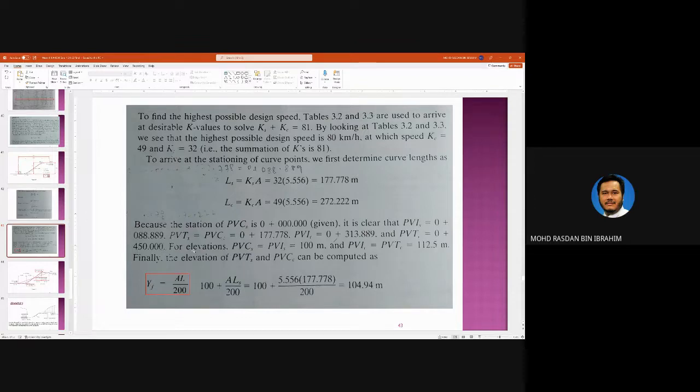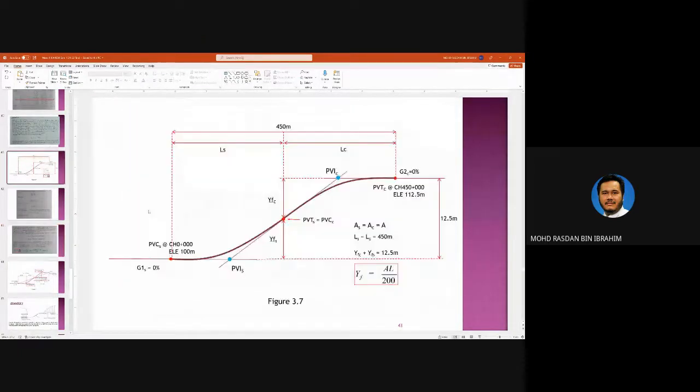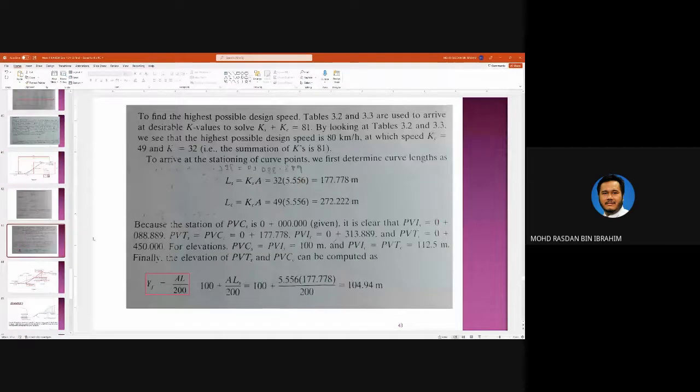Now the elevations. PVC and PVI are the same at 100 meters, because it is flat. And here also must be the same. PVI crest and PVT crest must also be at the same elevation, 112.5.